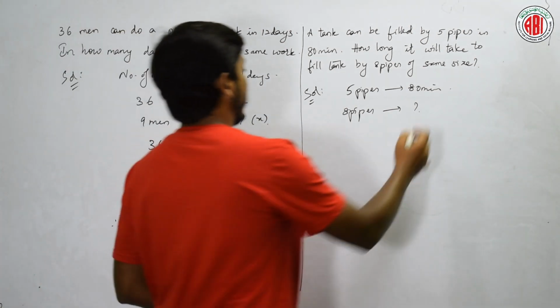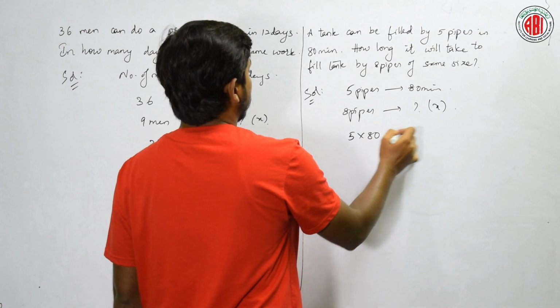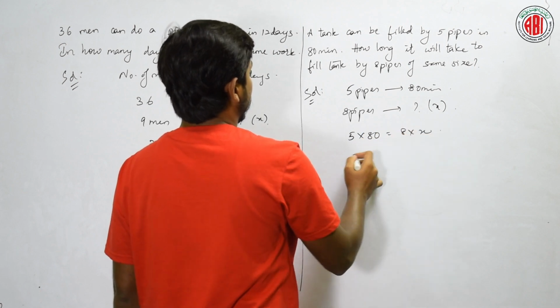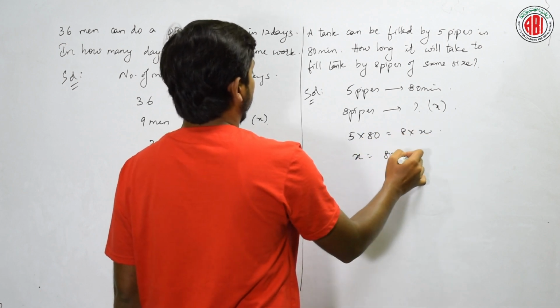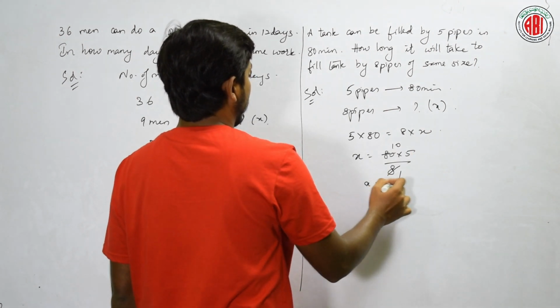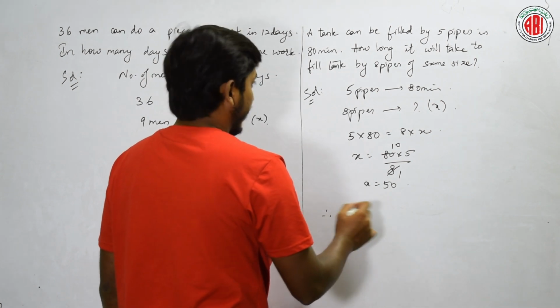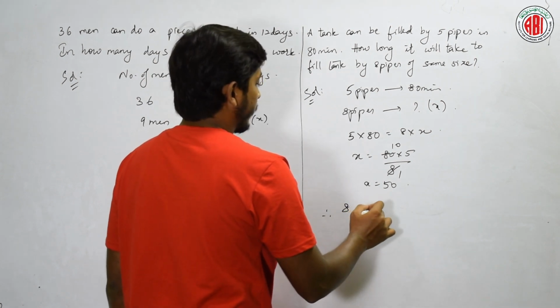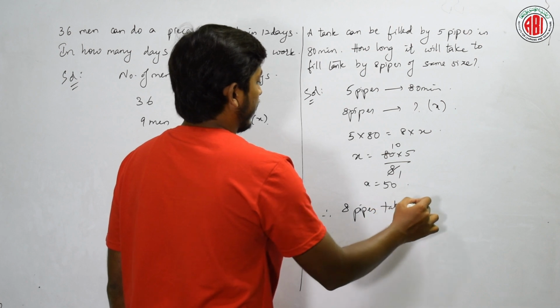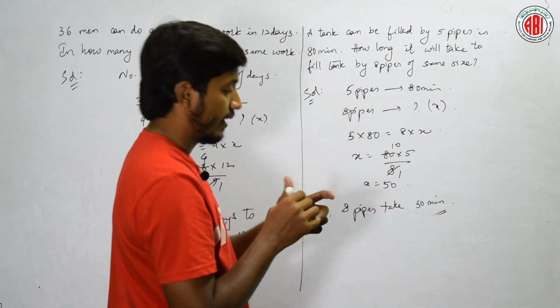Let us assume it as x, that is 5 into 80 is equal to 8 into x. x is equal to 5 into 80 by 8. 8 tens are 80, therefore it is 50. Therefore, 8 pipes take 50 minutes to fill the tank.